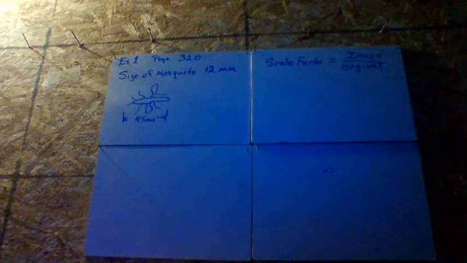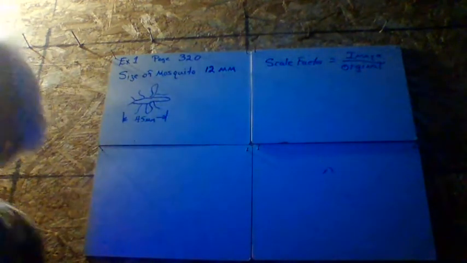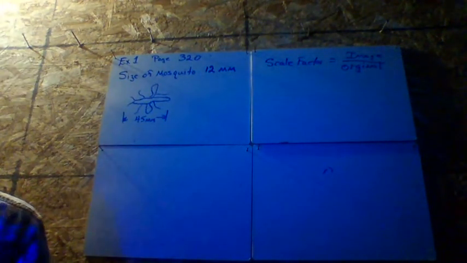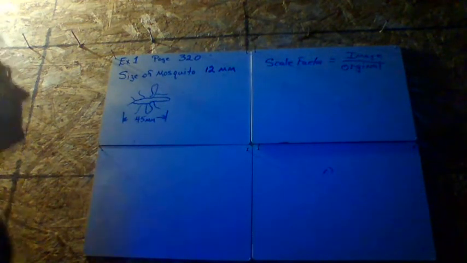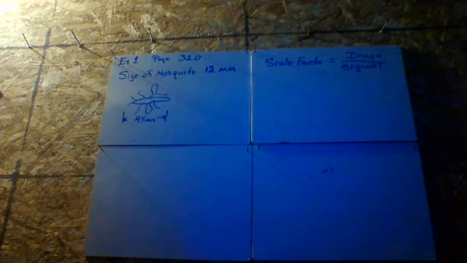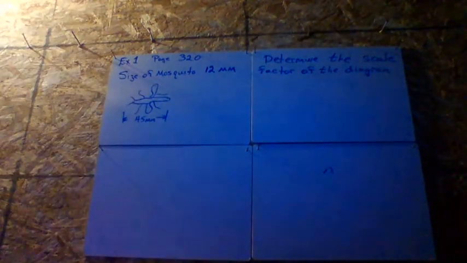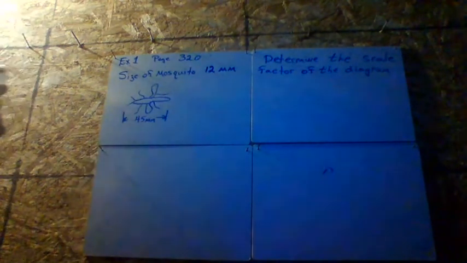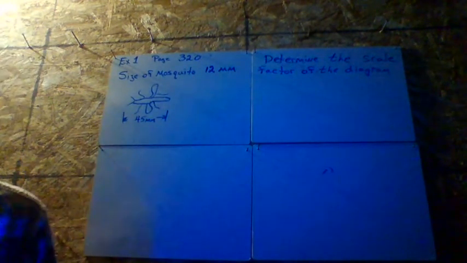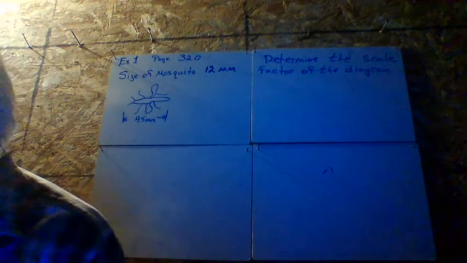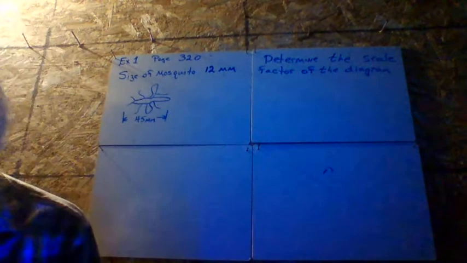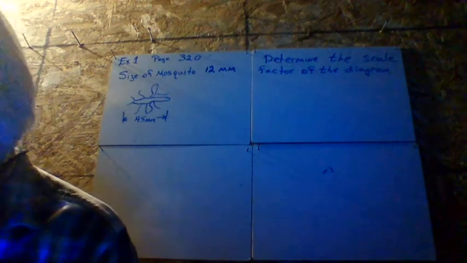Example 1 is from page 320. I'll read it here. The diagram of a mosquito was printed in a newspaper article about the West Nile virus. The actual length of the mosquito is 12 millimeters.